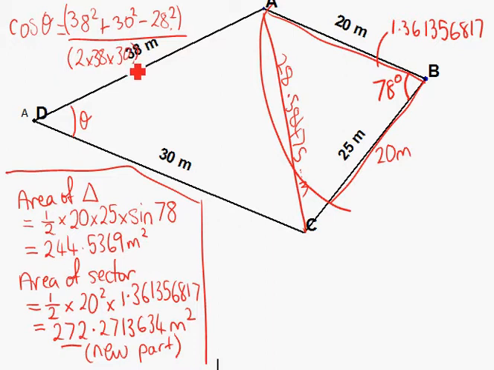You'll need to work that out on a calculator, and when you find the inverse cosine to find the angle, you get 47.956 degrees. That's that angle there.